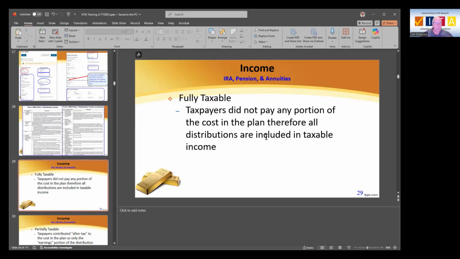Okay, so here we have generally the general rule is when you've got an IRA, a pension, or an annuity. Hey, what's an annuity? An annuity is an investment product, usually that you buy from an insurance company. You give them a chunk of money, and then you say, hey, when I retire, I want you to then pay me a monthly amount for as long as I live.